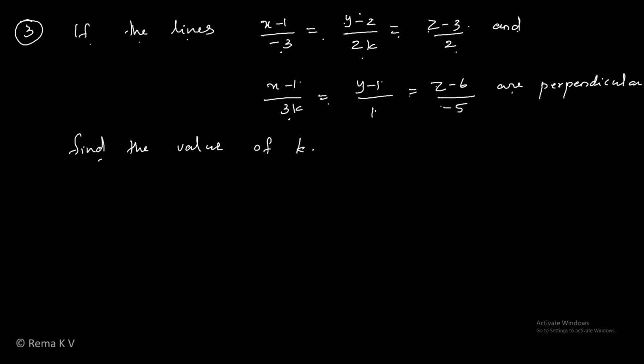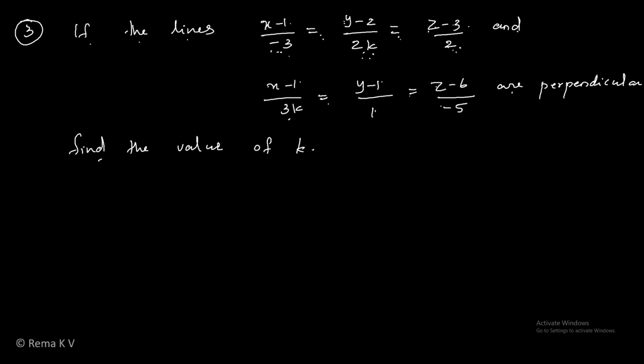What are the direction ratios of the first line? You have to compare with the standard form, (x minus x1) by a equals (y minus y1) by b equals (z minus z1) by c. So it is minus 3, 2k and 2.